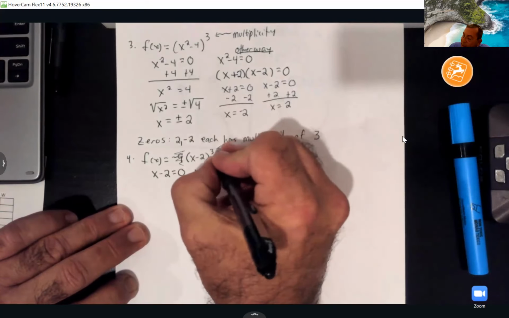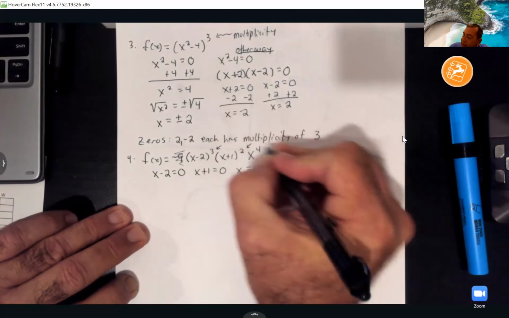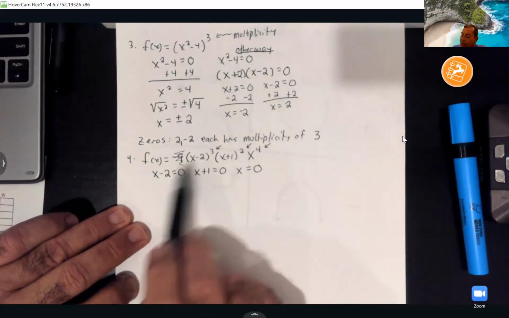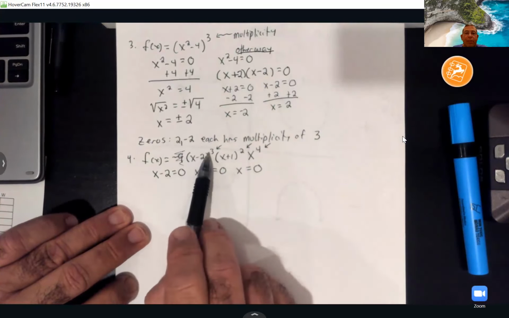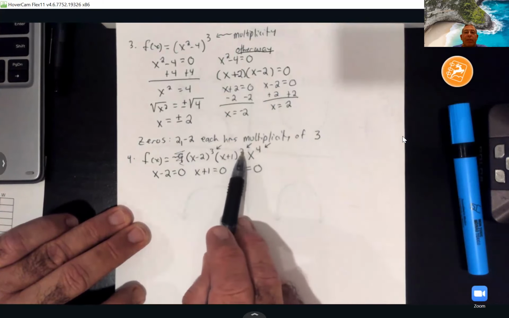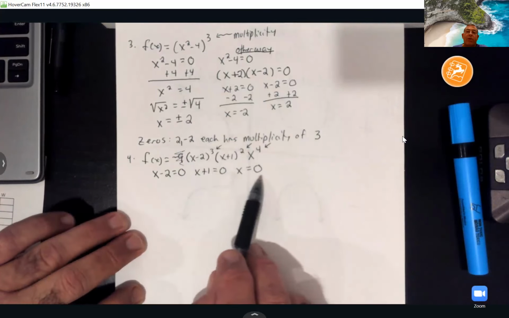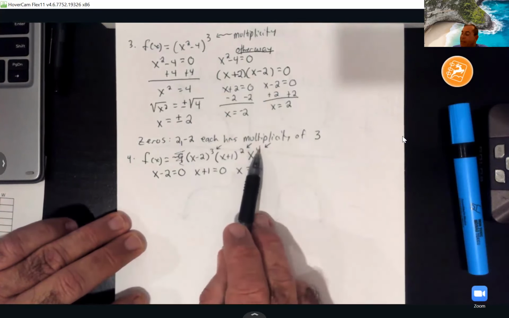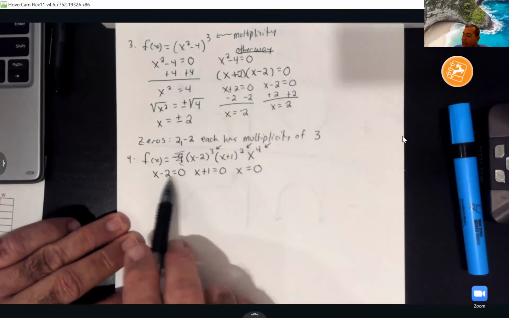Now the multiplicities are going to be all these exponents on the outside. So whatever I get out of x minus 2, we'll have multiplicity 3. Whatever I get from the x plus 1 will have a multiplicity 2. And y'all, this one's already done. X equals 0, so that means 0 is a 0 with a multiplicity 4. So let's get these two.